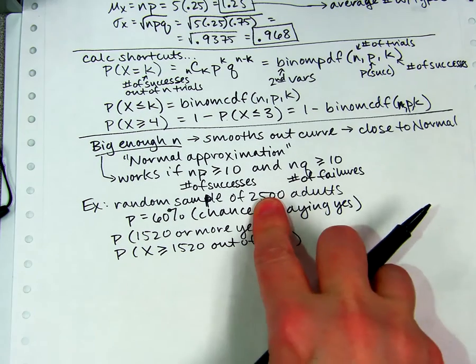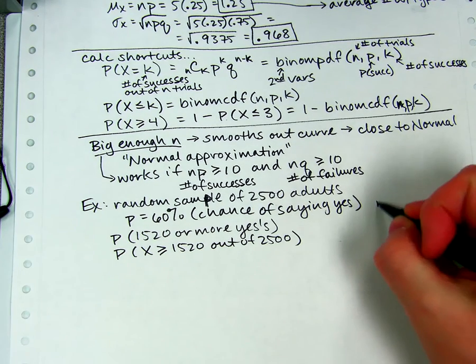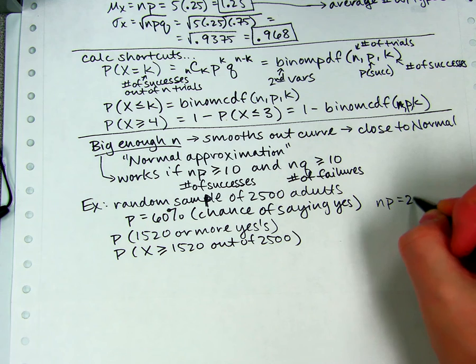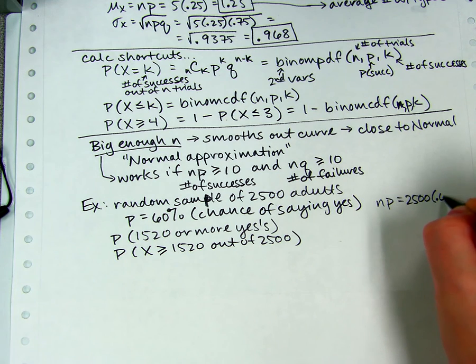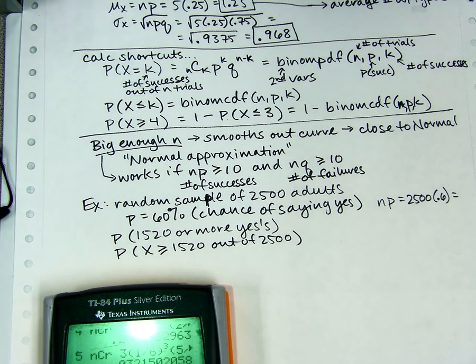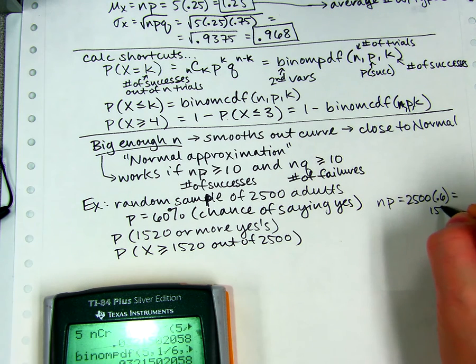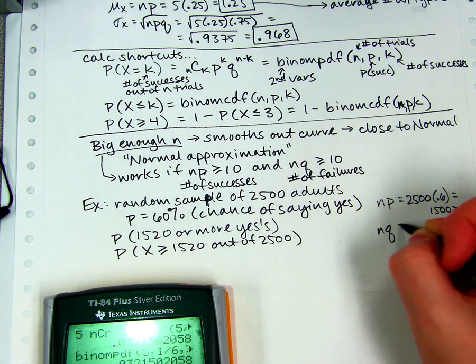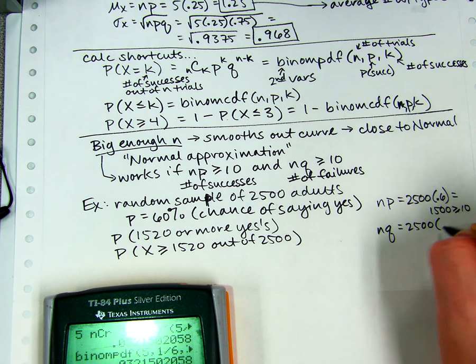So since the sample is so big, n times p is pretty huge. It's 2,500 times 0.6. That's how many yeses we expect in our sample. Times 0.6 is 1,500. Oh, good, that's bigger than 10. Of course it is. N times q, that's 2,500 times the complement of p.